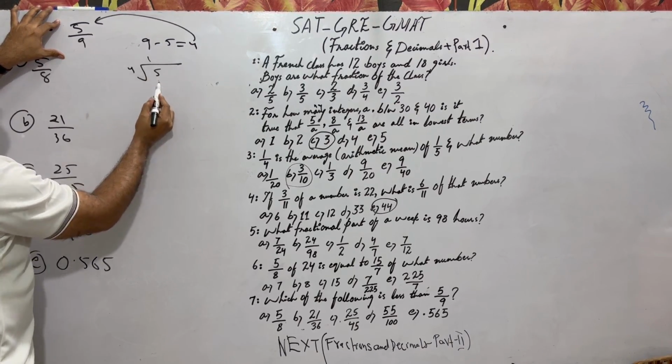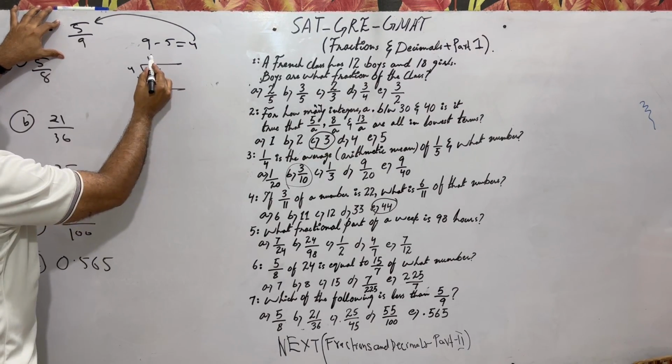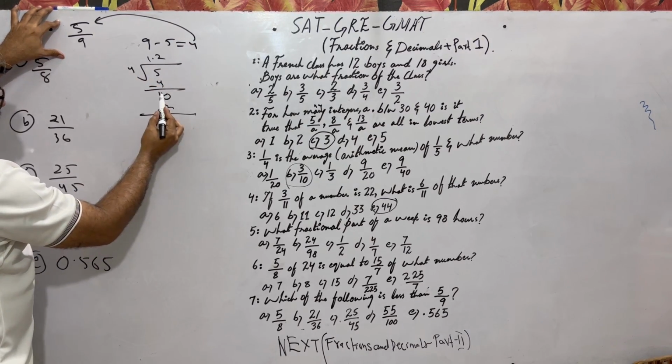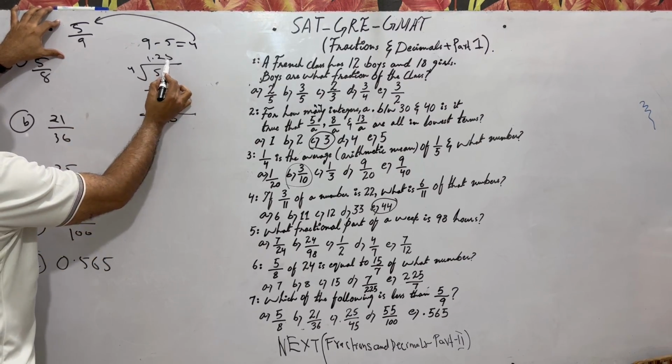1 time 4 is 4. Subtract, I have 1. Introduce 0, introduce a point here. 2 times 4 is 8. Subtract, I have 2. Introduce 0. 5 times 4 is 20.